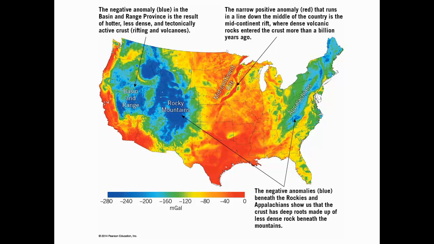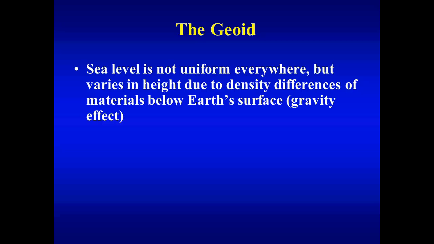That's all I'm trying to show, basically just give you an example of how gravity anomalies and gravity variations can be used to interpret geology. That's it, okay? So don't worry about it, because I'm going to talk about the geoid, which is even more confusing.